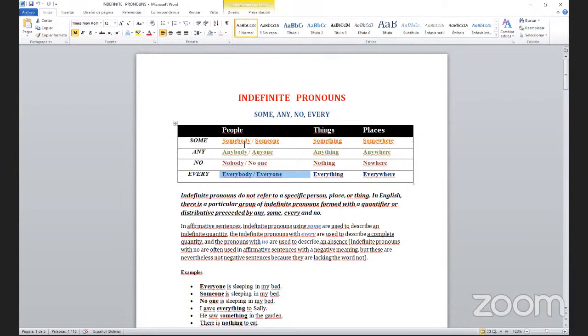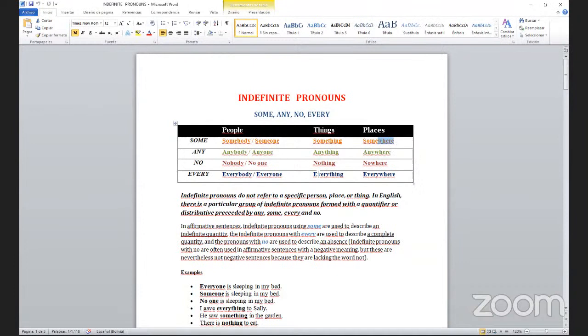If you can see here, always with these variations, we're gonna use body or one for people: someone, somebody, anyone, anybody. So body or one, always when we talk about people with these four. When we talk about things, the only thing that we're gonna add is the word thing. For places, it is the word where, okay?